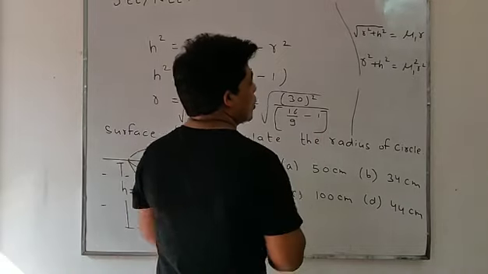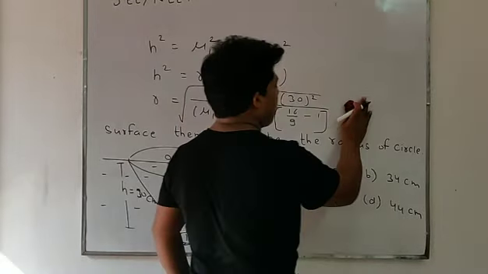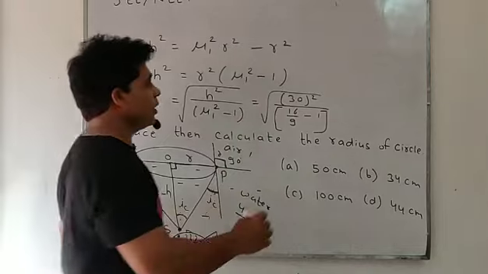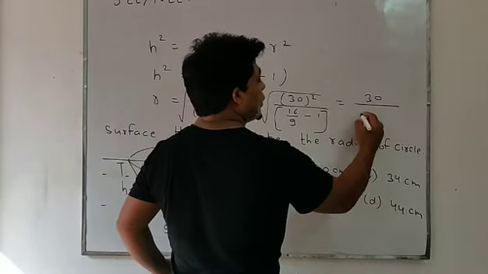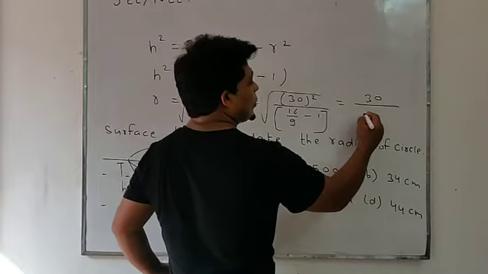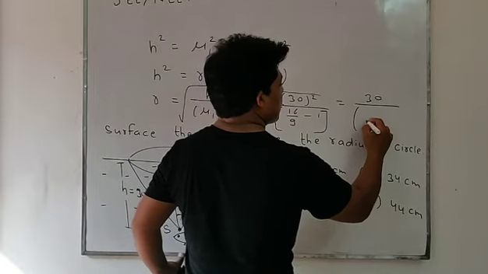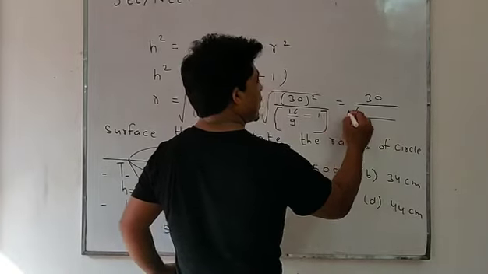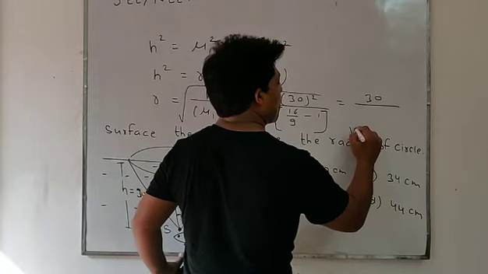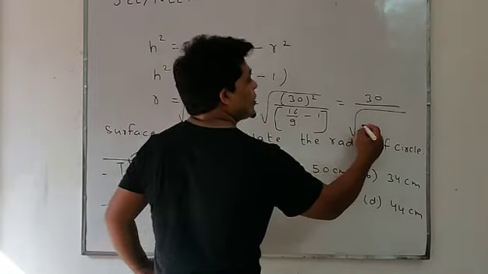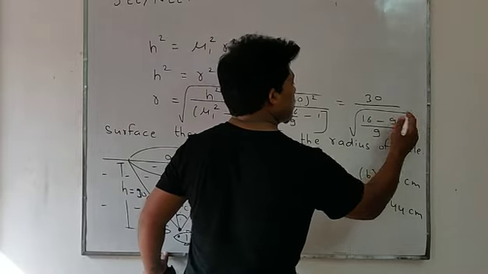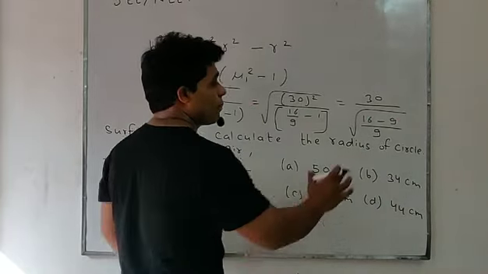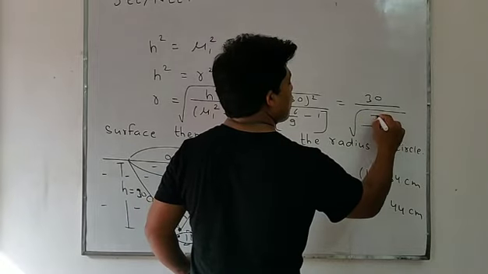So now students, finally we can write as square root of 30. There is 30. And when we take LCM, taking the LCM as 9, 16 minus 9, so this will be what? 7 by 9, we can write 7 by 9.